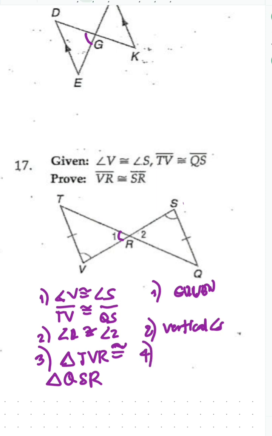So that is this one, 2 angles and 1 side. And the side is not included, so that is AAS congruence. Then we prove that VR, this one, is congruent to that. So side VR is congruent to side RS or SR.